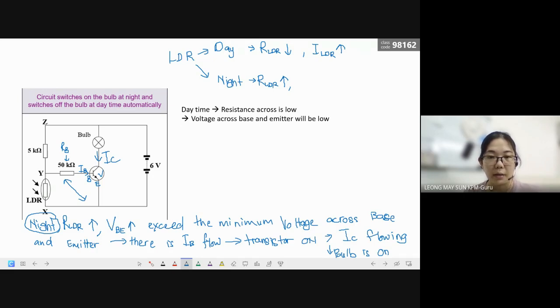So during daytime, what happens here is that the resistance across the LDR is low. When the resistance across the LDR is low, the potential difference or the voltage across base and emitter will be low. So when the voltage across the base and emitter is low, it does not exceed the minimum voltage to allow base current to flow. When it does not allow base current to flow, the transistor couldn't be switched on.